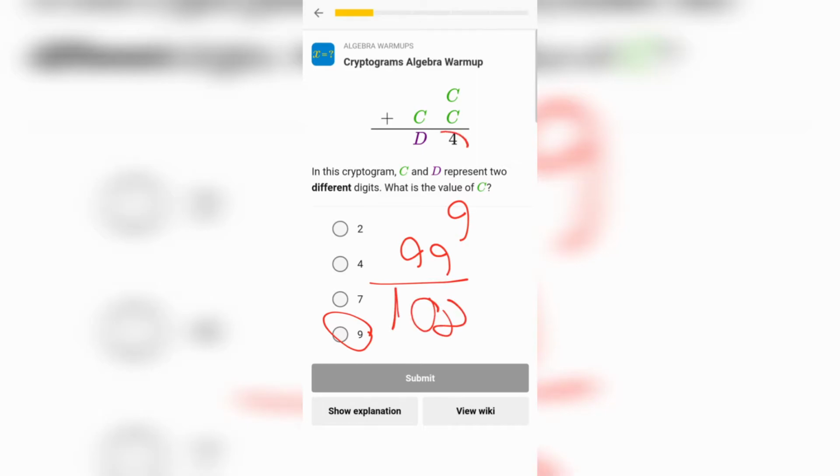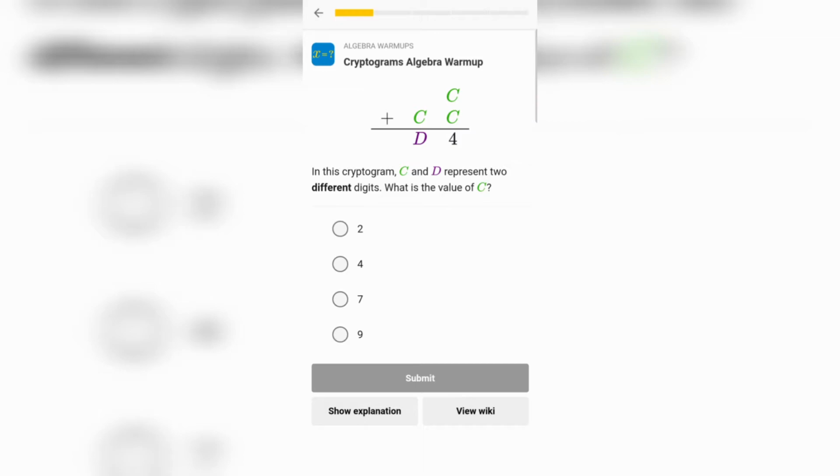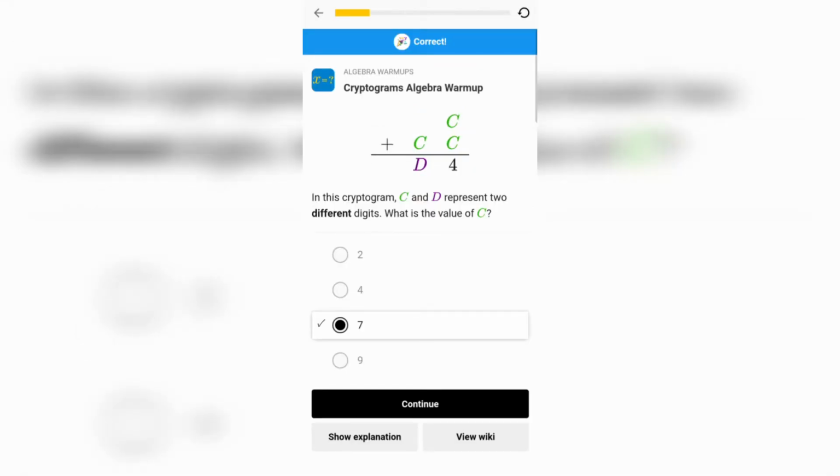There is no 4, so this is not the valid solution. So our valid solution, as we can see, is 7. And that's the correct one.